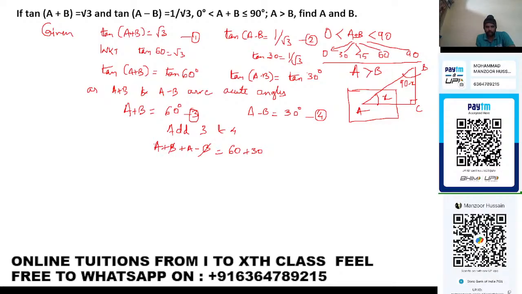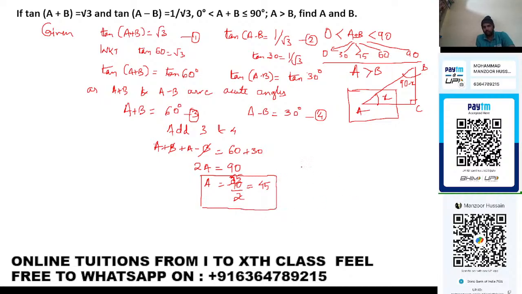B gets cancelled because of opposite sign. So you get 2A is equals to 60 plus 30 is 90. A is equals to 90 by 2. The answer is A is equals to 45 degrees.